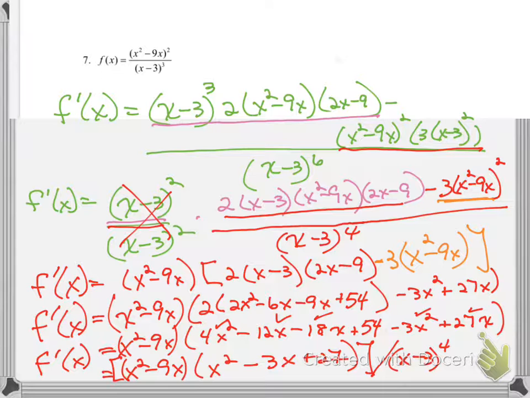Okay, and that means that one more place, this right here is a 54. Okay, this is why it's always important to make sure your work seems reasonable. Okay, so that matches everything else I've had. That's a plus, and all divided by x minus 3 to the 4. Okay, so finally at this point, we're going to go on.